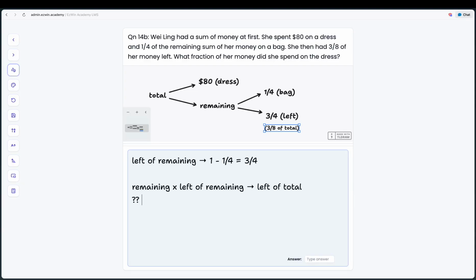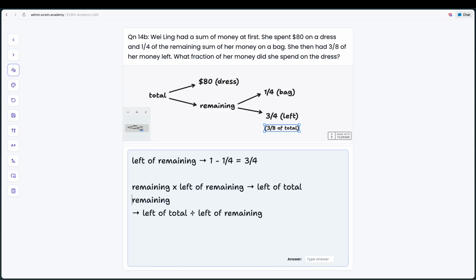We don't know what's remaining, but we know what's left of remaining, which is 3/4. So if we want to find remaining, we can have left of total divided by left of remaining.